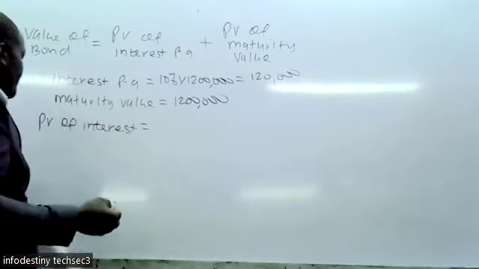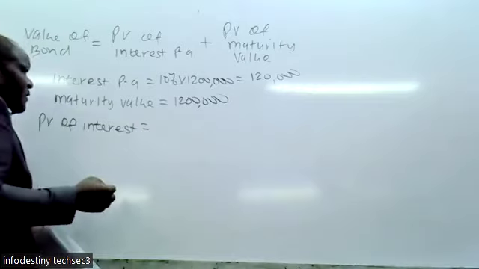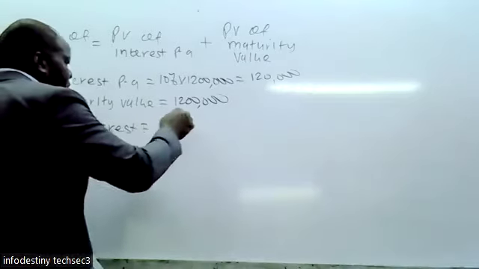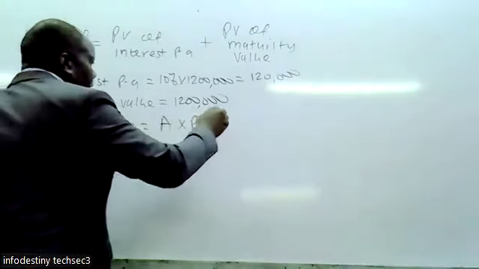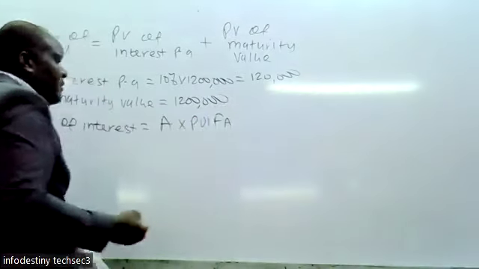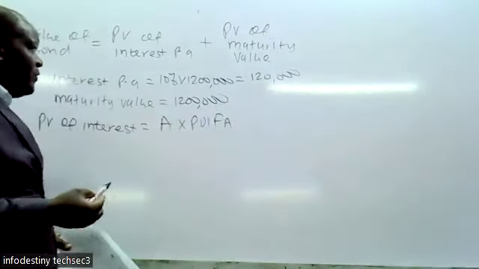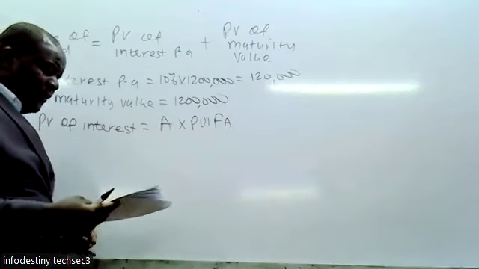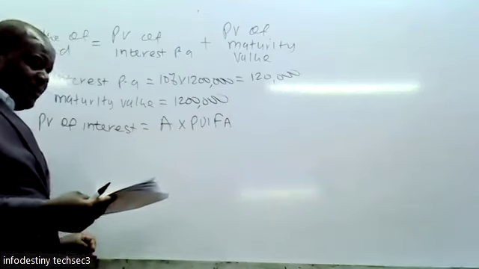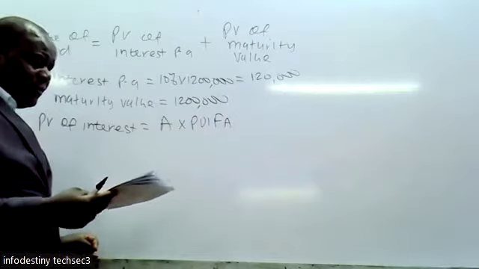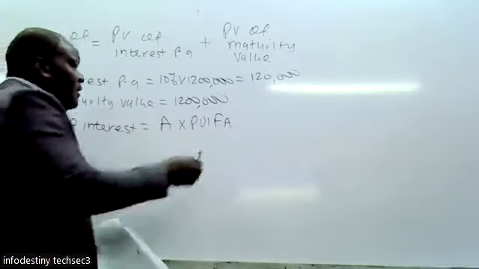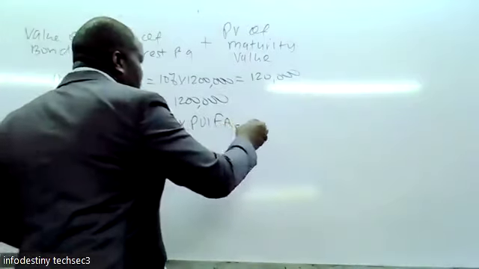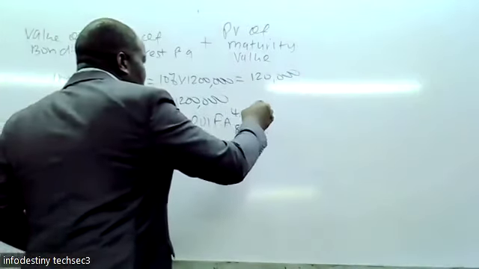Present value of interest will be annuity multiplied by present value interest factor for the annuity. The cost of capital is the investor's required rate of return, which is 8%. It was redeemable after 4 years.